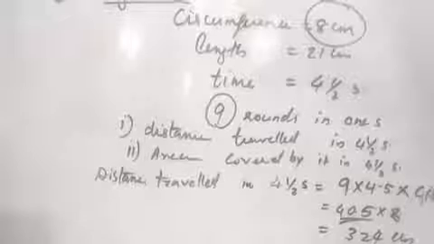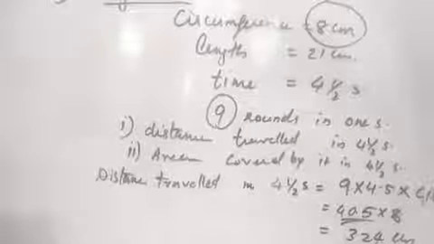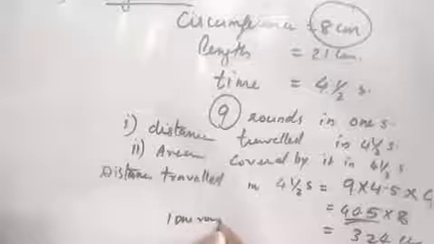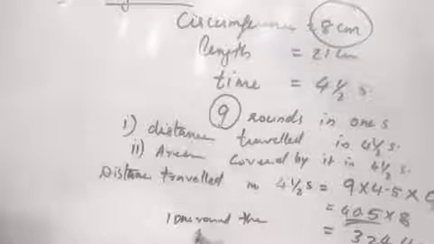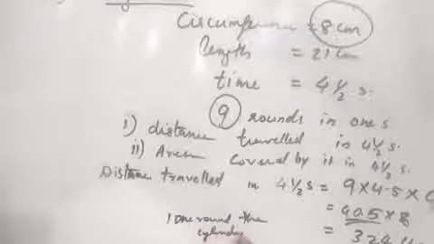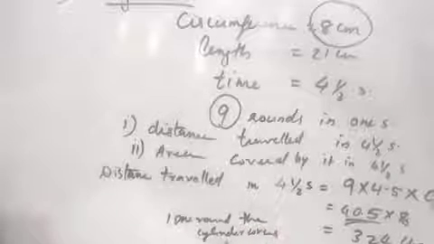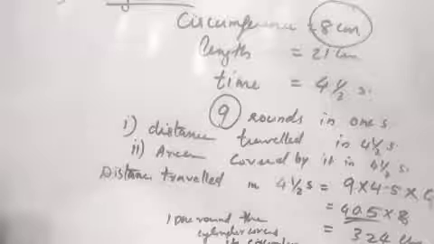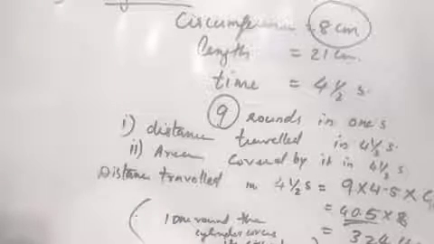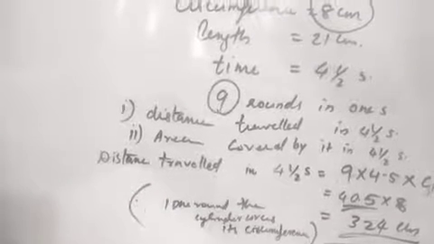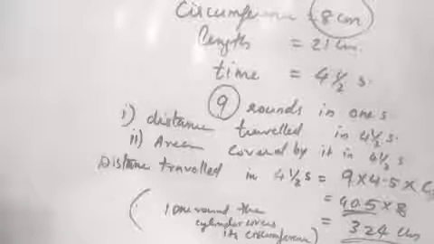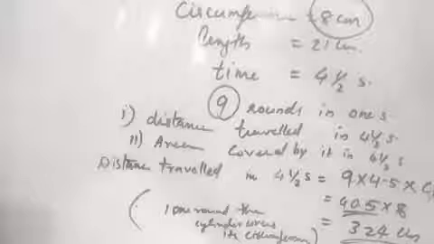9 rounds. In one round, the cylinder covers its circumference. When going one round, it covers a distance equal to its circumference.